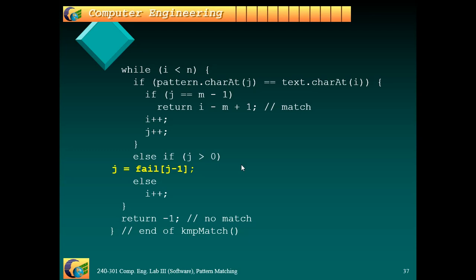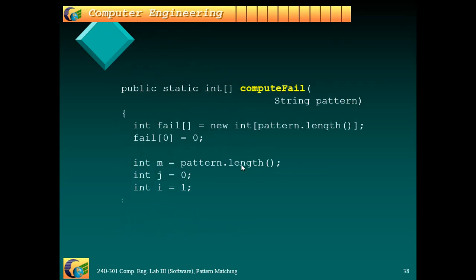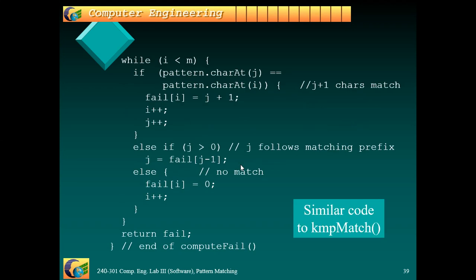You can see here, the compute fail function is a function which calculates the failure function values. When there is a match, it's fine. When there is a mismatch, you take from fail of j minus 1; otherwise, fail of i equals 0.